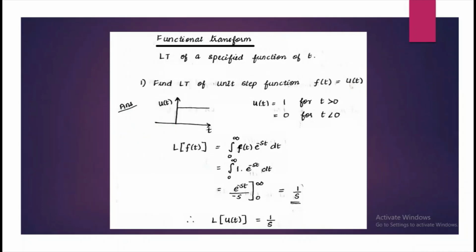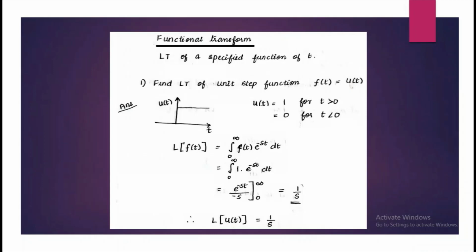The definition of Laplace transform is: Laplace transform of f(t) is equal to the integral from 0 minus to infinity of f(t) e^(-st) dt. That is, the limit ranges from 0 to infinity only and the magnitude is 1.